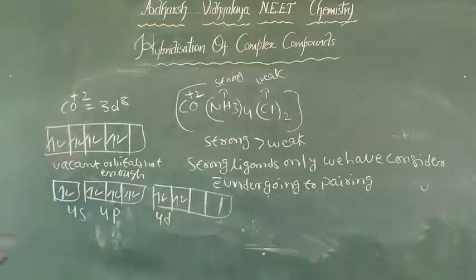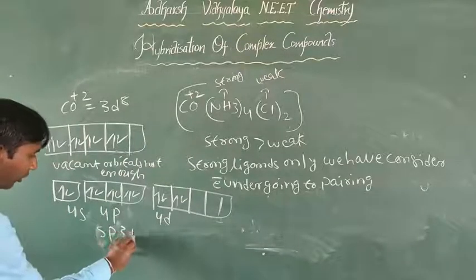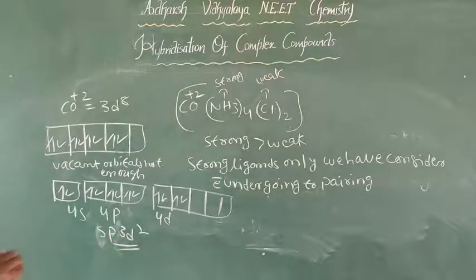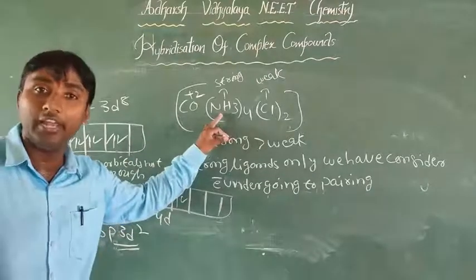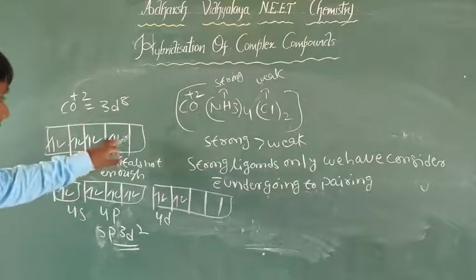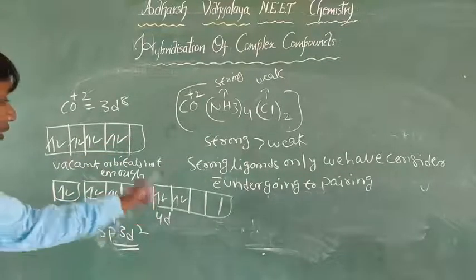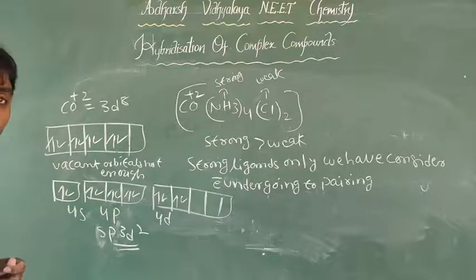That means 12 electrons here. So here sp3d2. Remember, although it is a strong field ligand, here there are not enough vacant orbitals, so it undergoes outer orbital complex hybridization, sp3d2.